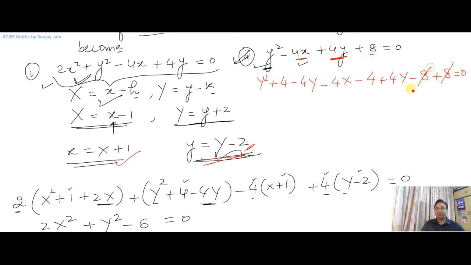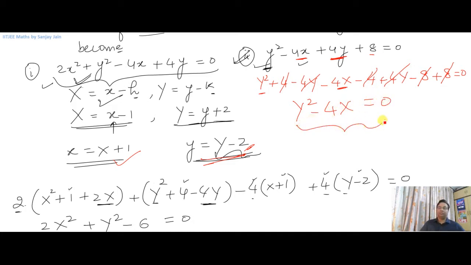So this 8 will get cancelled, and there is this minus 4Y and this plus 4Y. These will also get cancelled. So what I am left with is Y squared. This 4 is also getting cancelled. Y squared minus 4X is equal to 0.